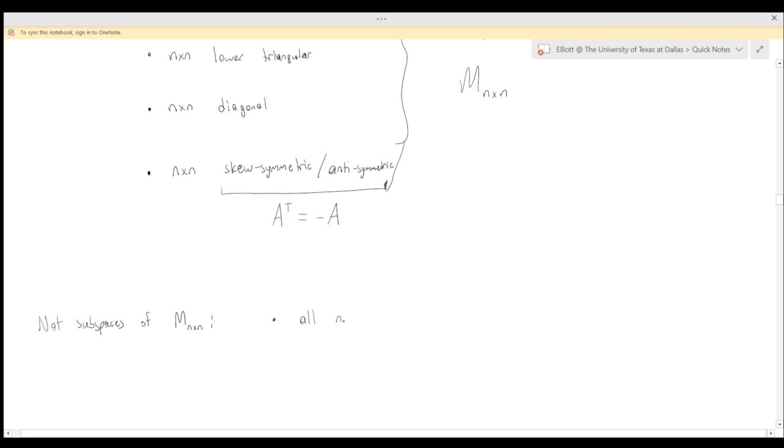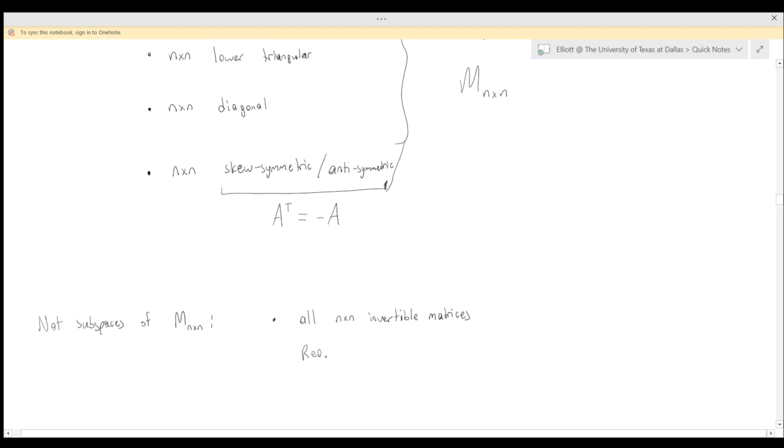So if we consider all n by n invertible matrices, this would not be a subspace of n by n.